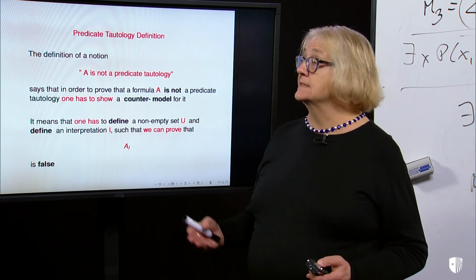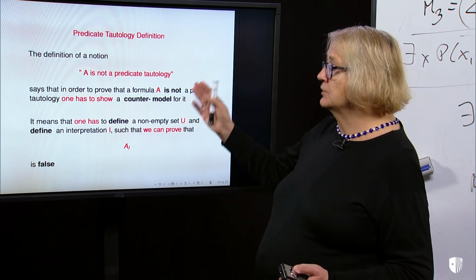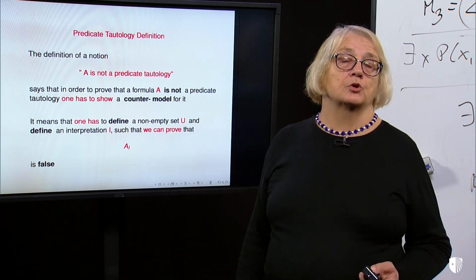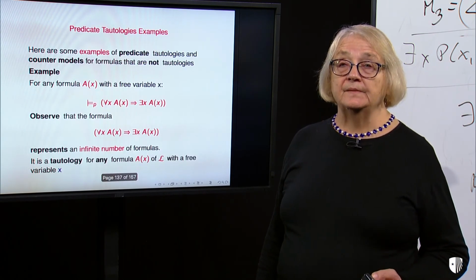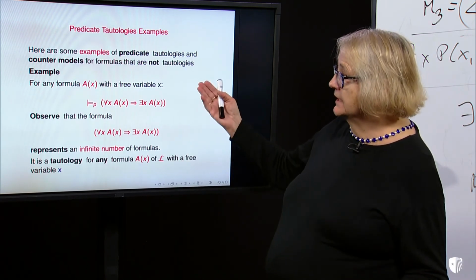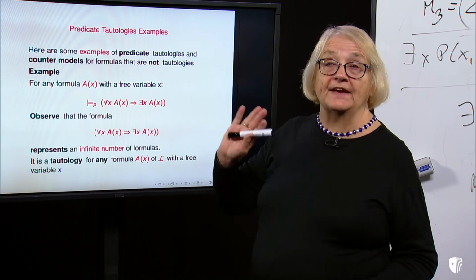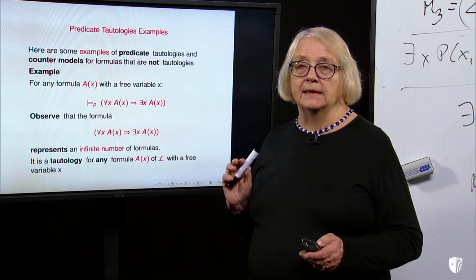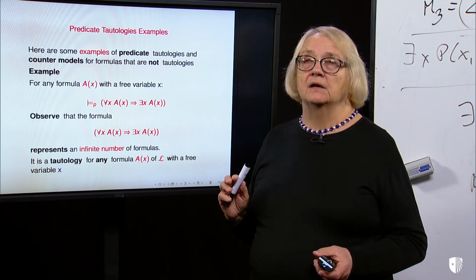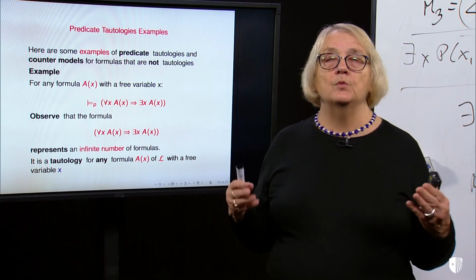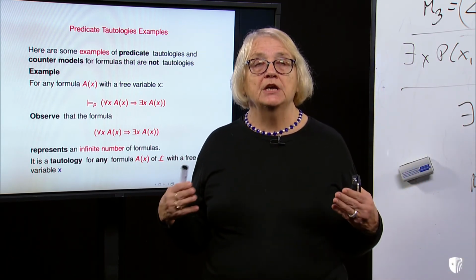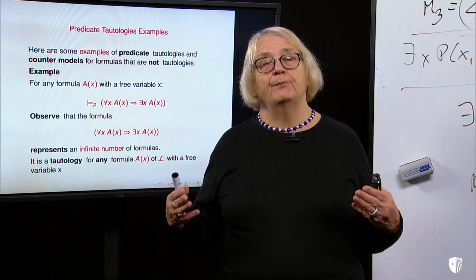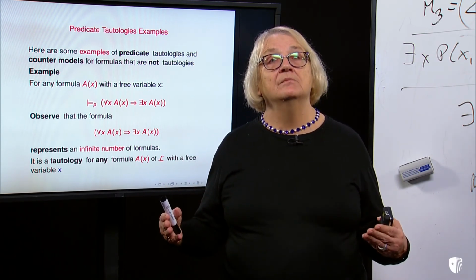And to show that something is not a predicate tautology, you have to show a contramodel. And you have a basic tautology. Notation: often in the books, when a formula is a predicate tautology, we say that the formula is valid.